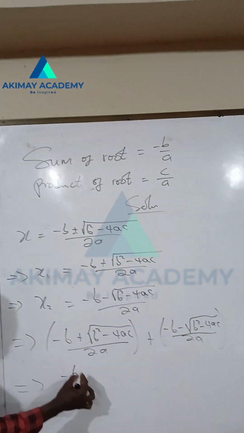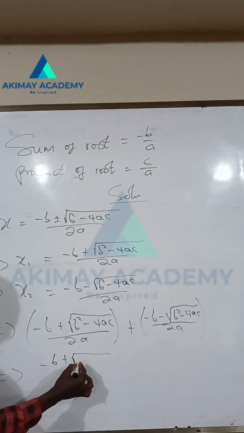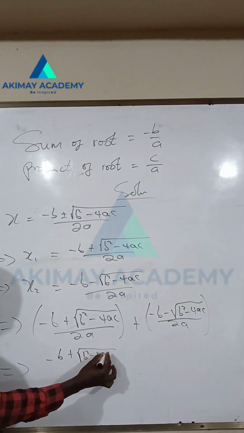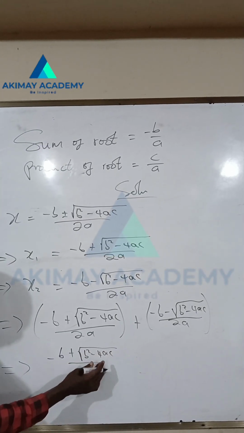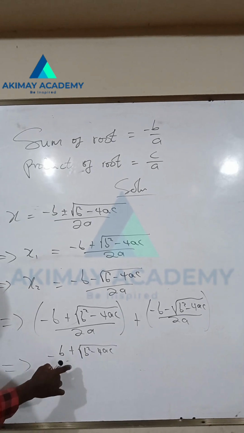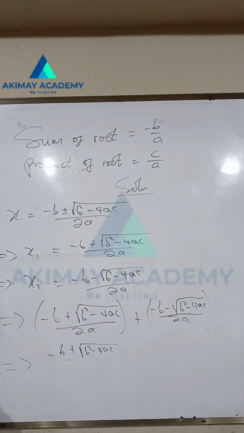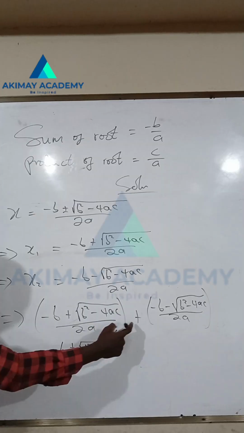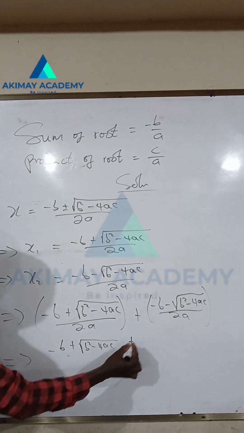We have minus b plus root of b squared minus 4ac. Here we have plus, so let's put our plus.